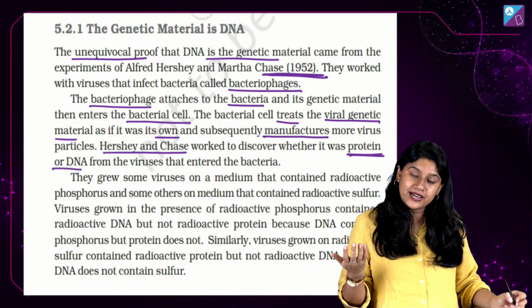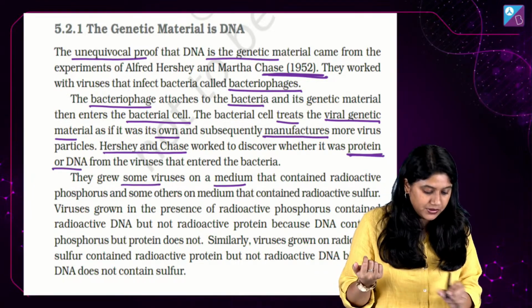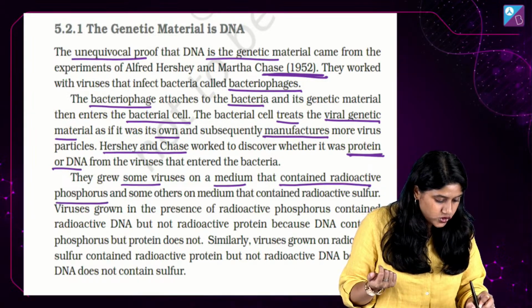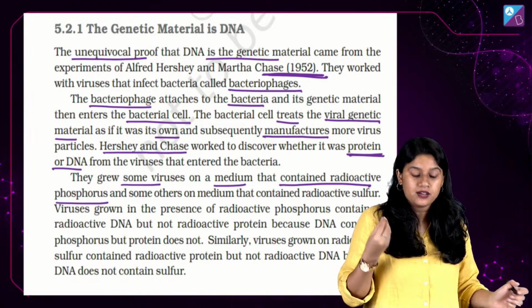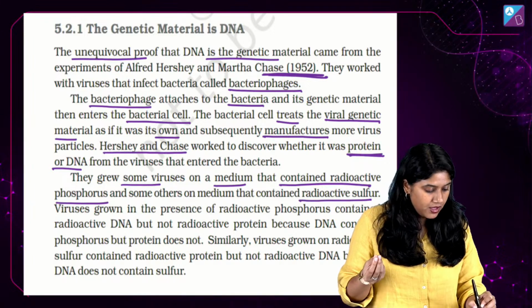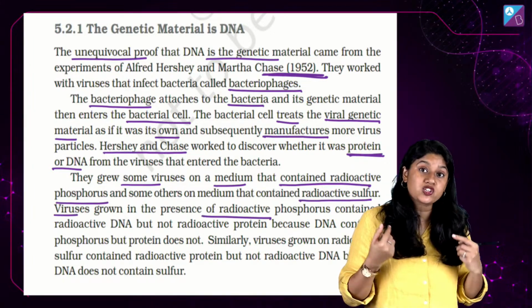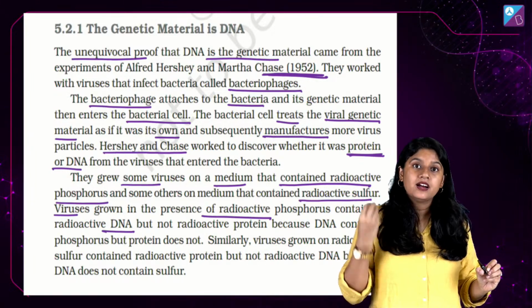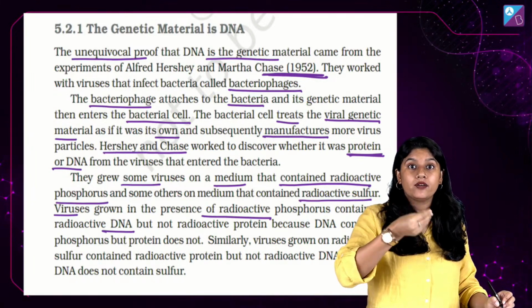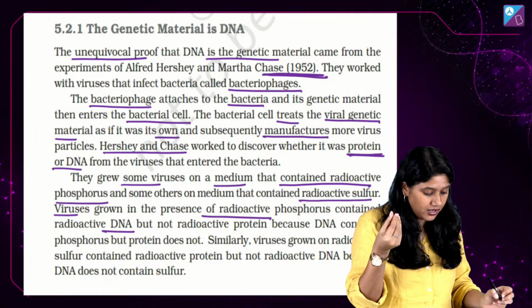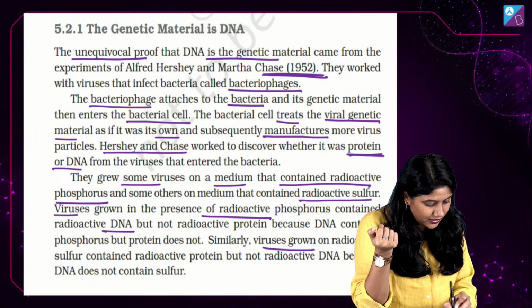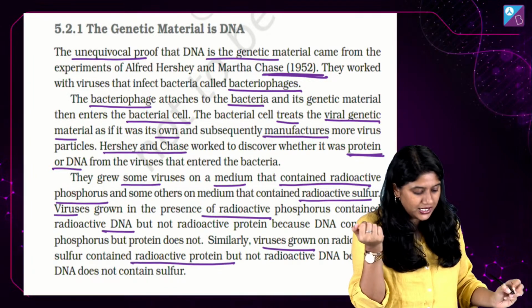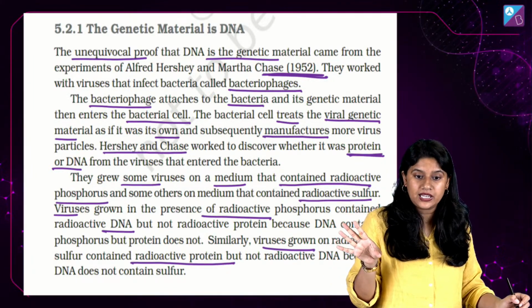What they did, they grew some bacteria on the medium containing radioactive phosphorus and some containing radioactive sulfur. Viruses grown in the presence of phosphorus contain radioactive DNA, whereas the viruses that are grown on the radioactive sulfur have the proteins. Everyone clear? They have the radioactive proteins, but they don't have the radioactive DNA.